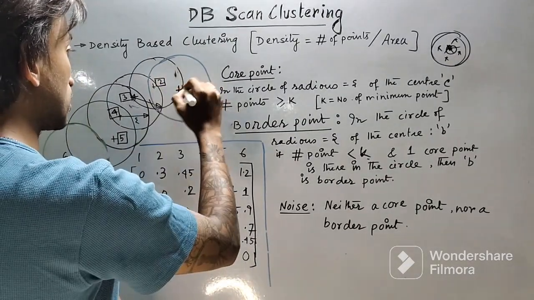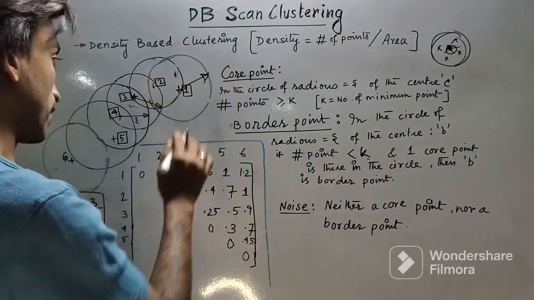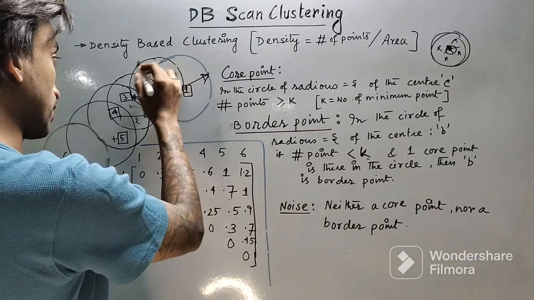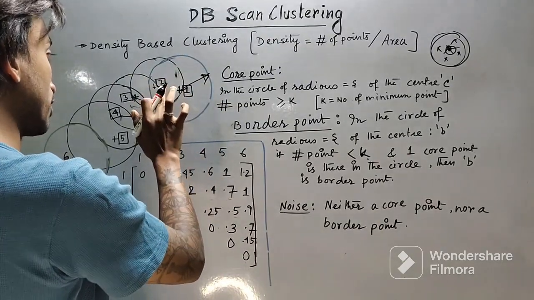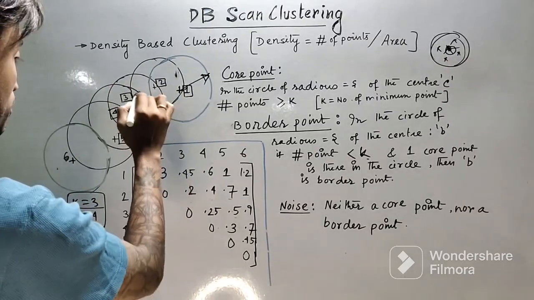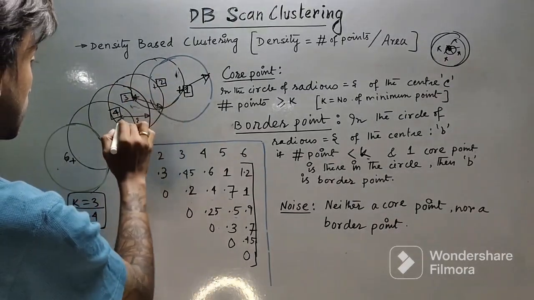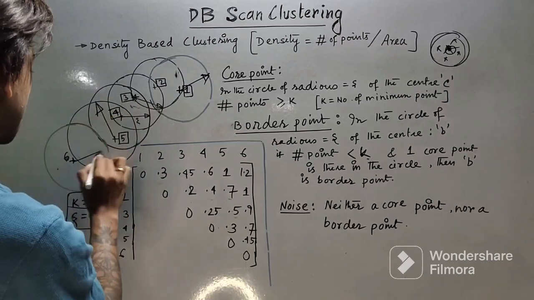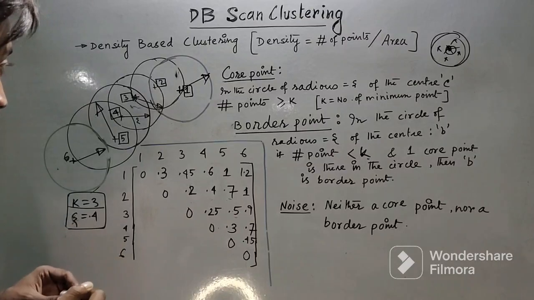So you have drawn a circle of radius 0.4 at 1, one circle with center 2, center 3 with the same radius, center 4, center 5, and center 6, all with the same radius.